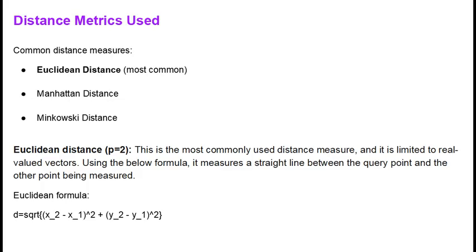So this formula helps us calculate the distance between two data points in space. It measures how close or far two data points are. It is essential for identifying nearest neighbor. With the help of this formula, we can find nearest neighbors, that is k value.